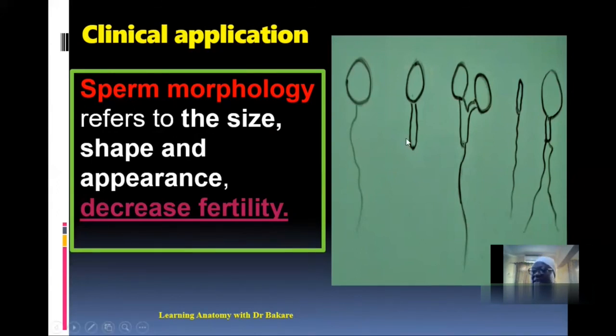But when you begin to see sperm that lack 1 or 2 of these regions, maybe a sperm that does not have a neck, or one that has a neck but does not have a tail, or a sperm with 2 heads, or a sperm that is very small in size, or a sperm cell that has 2 tails, these are morphologically abnormal, so they will be unable to function as they should. This will tend to reduce the fertility of the person.